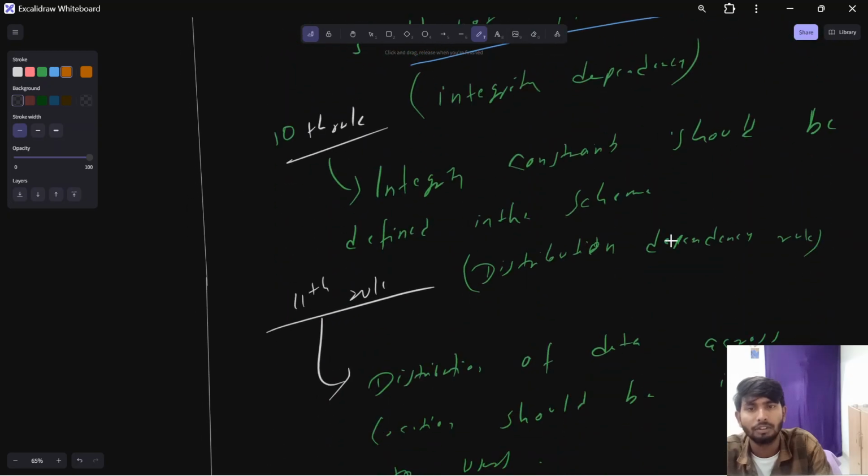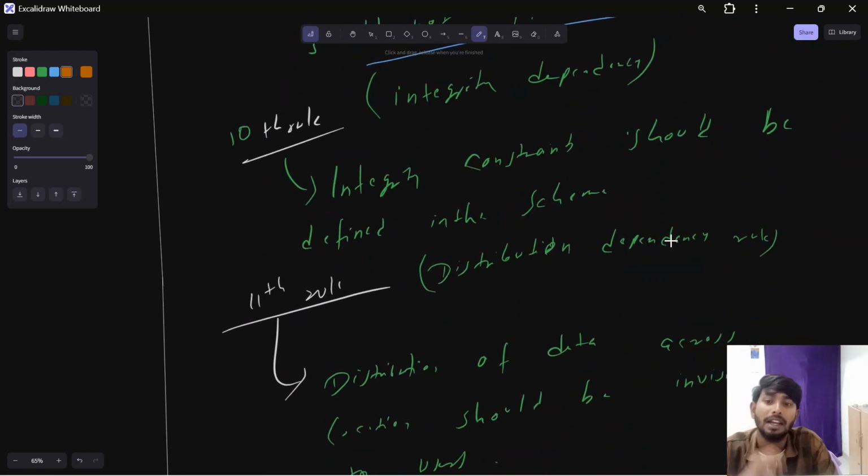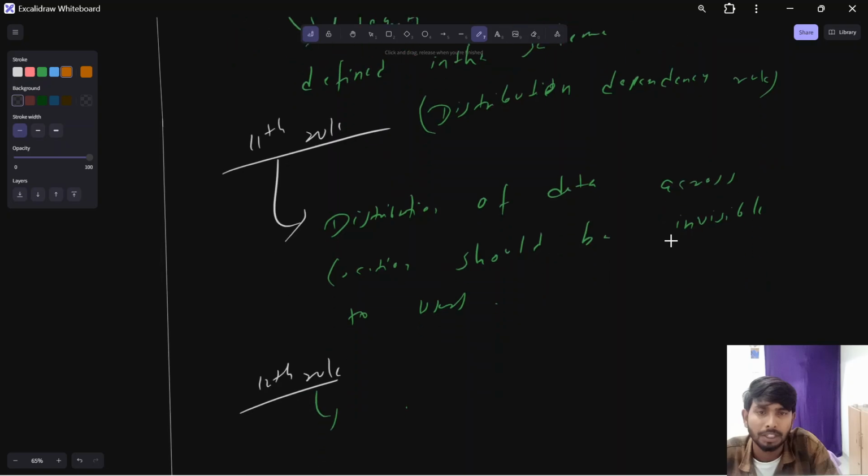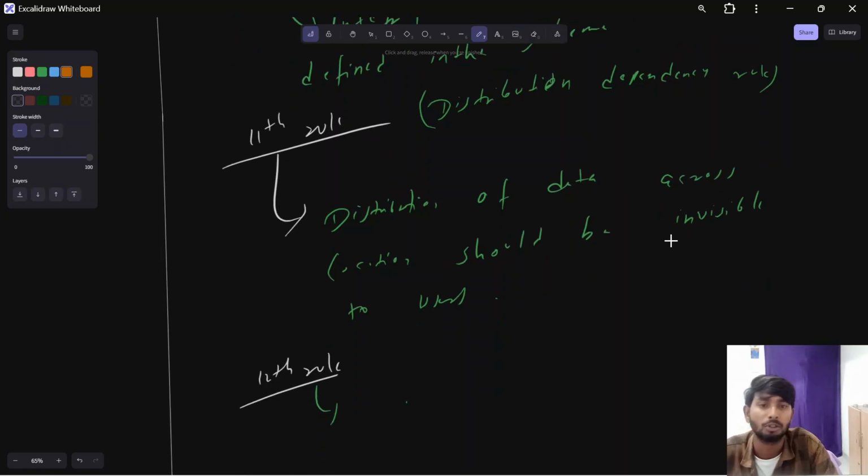Now the 10th rule, integrity dependence: integrity constraint should be defined in the schema, not in the application code. Then the distribution dependency rule: distribution of data across locations should be invisible to the user.